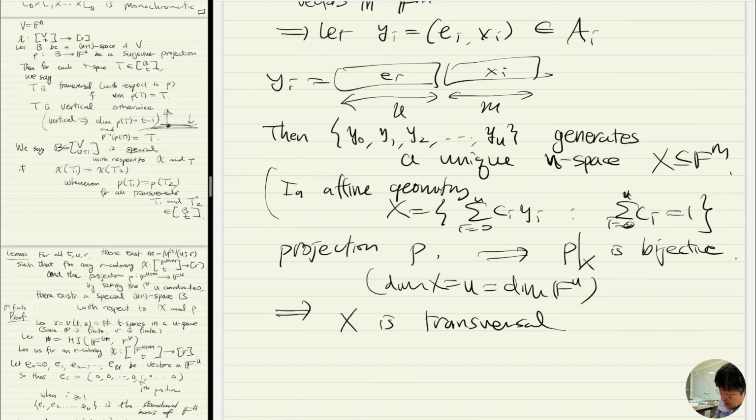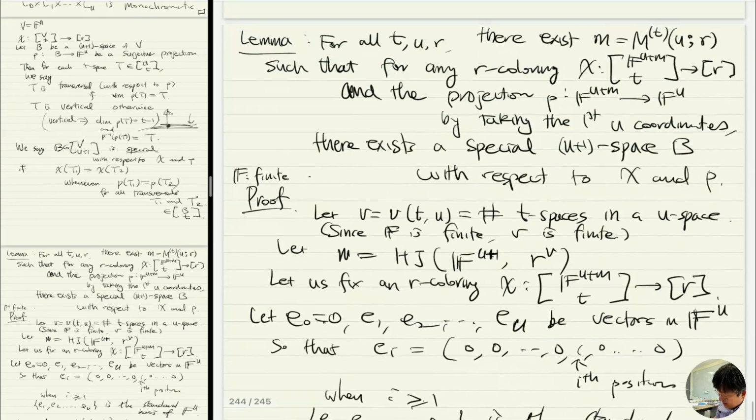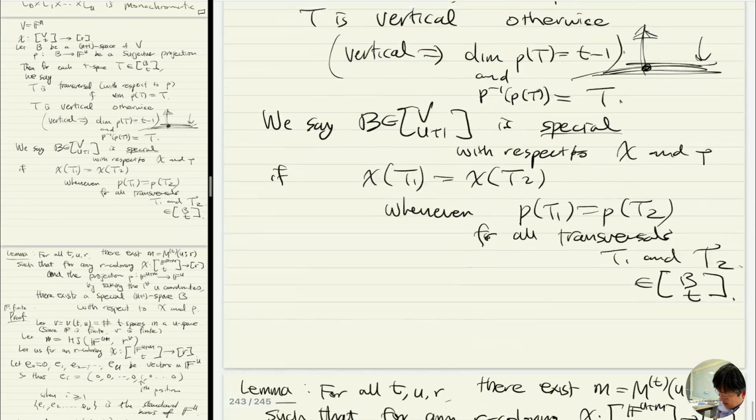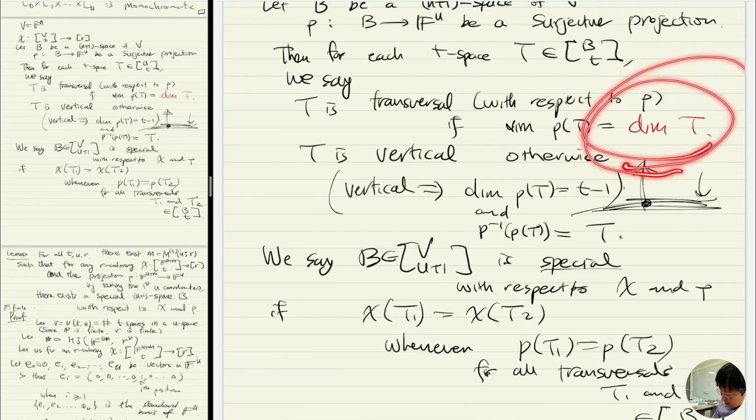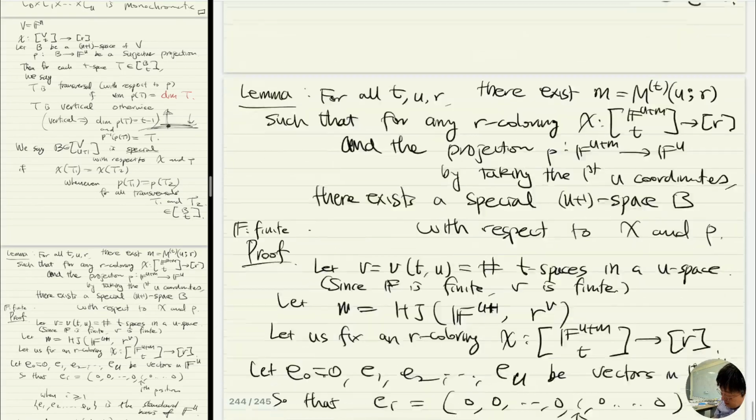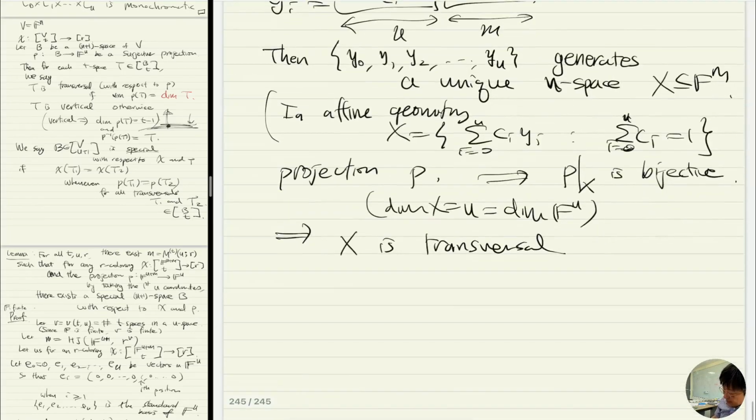When I defined transversal, I should have said correctly: the dimension of P(T) is equal to the dimension of T. Okay, here's what I'm fixing over here. All right, so X is transversal.